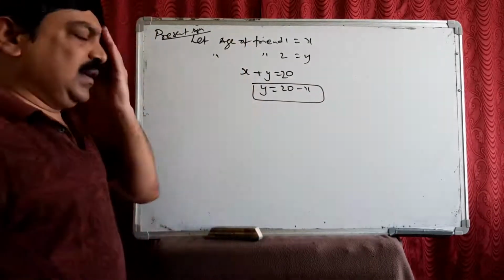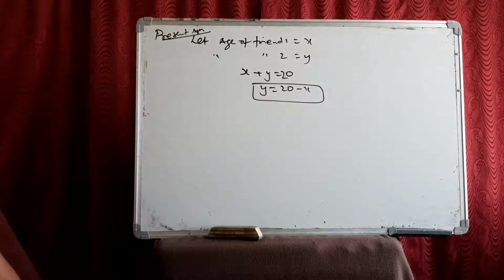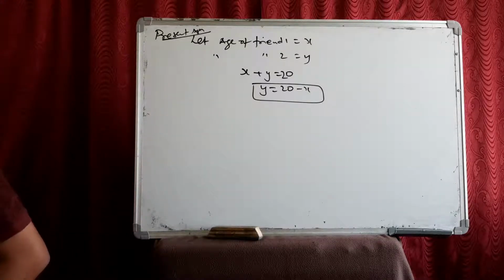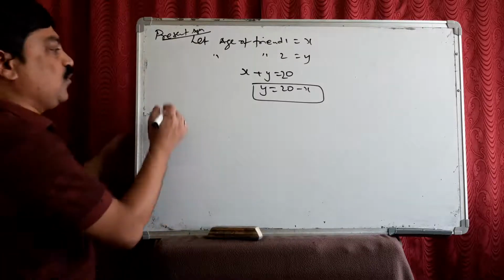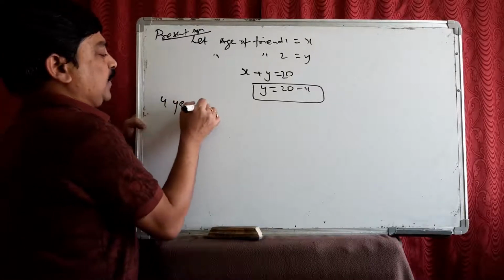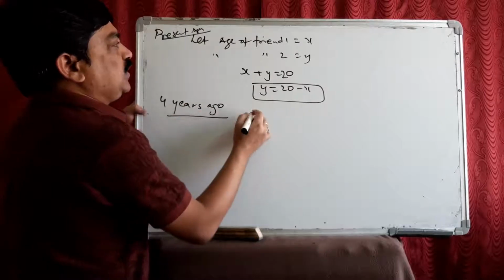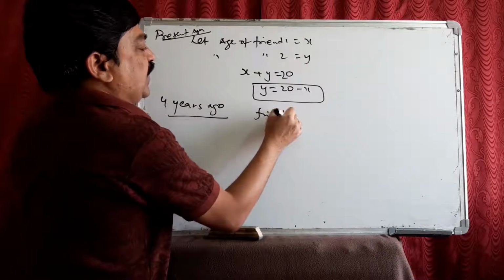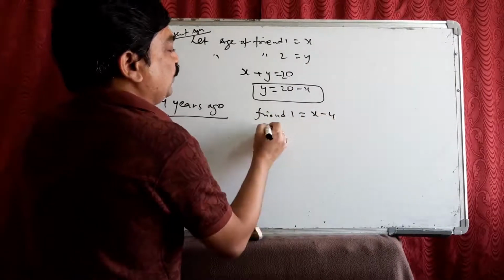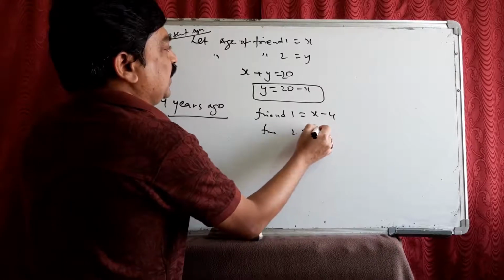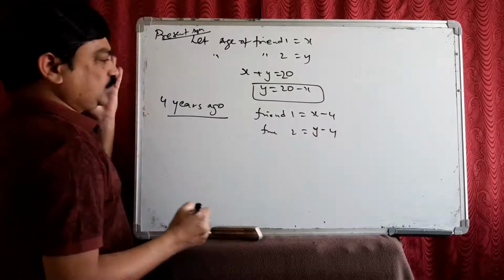In the same way, 4 years ago, the product of their ages. Age of friend 1 will be x minus 4. Age of friend 2 will be y minus 4.